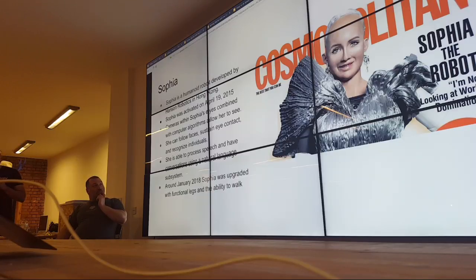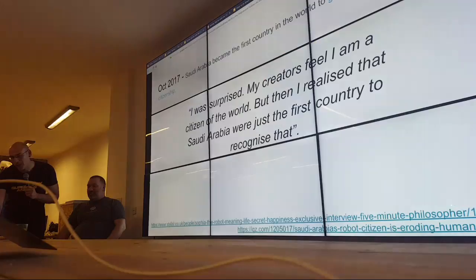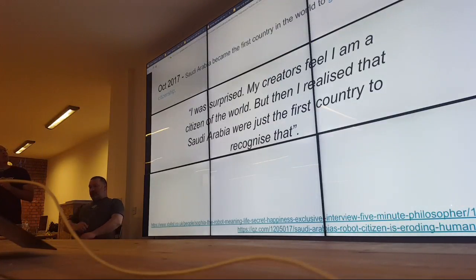Around January 2018, she was upgraded, and she now has legs and the ability to walk. She appears on things like Cosmopolitan and various other high-profile places. And in fact, last October, Saudi Arabia became the first country in the world to give a robot citizenship and gave Sophia citizenship.